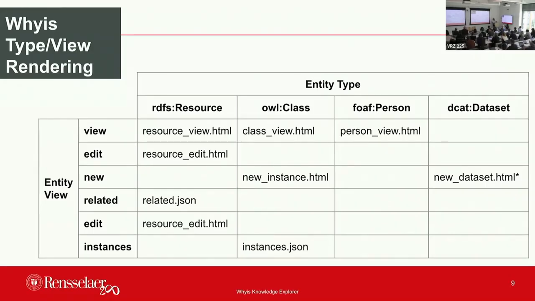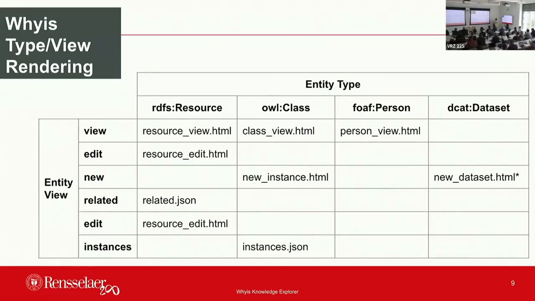So view is that standard thing: you just go to a web page and you see it. That's a normal way of looking at things. But there are also other things you might want to do with entities in the graph, including editing them, creating new ones, finding things that are related, or looking for instances of, for instance, a class.